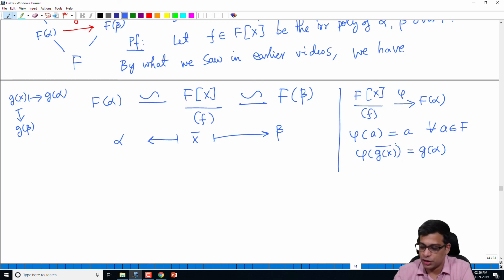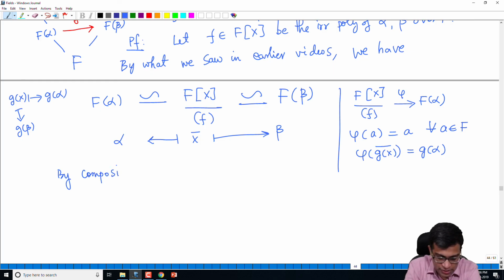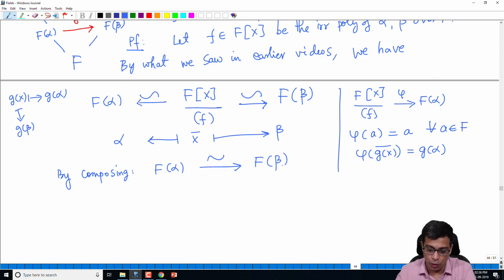It sends that constant polynomial to itself. That means if you now compose this, and these are inverses, right? These are isomorphisms, right? So there is a map like this and there is a map like this. So I can compose the inverse of the first map with the second map to get F(alpha). In fact, it's a field isomorphism.